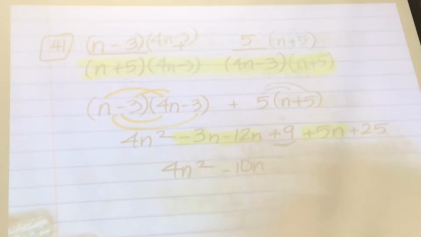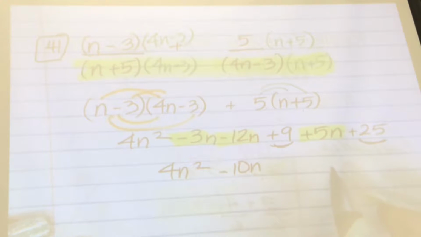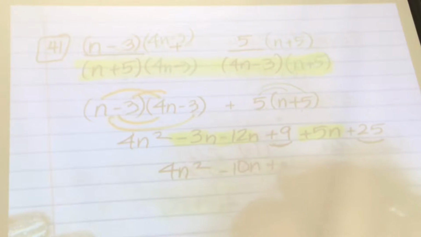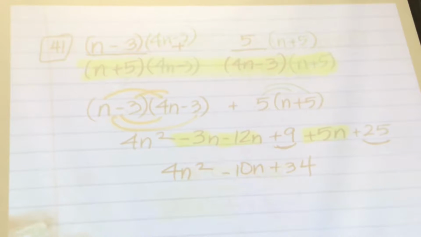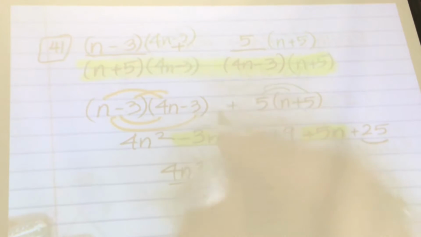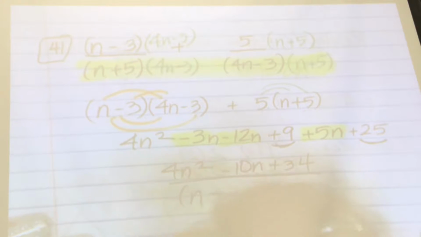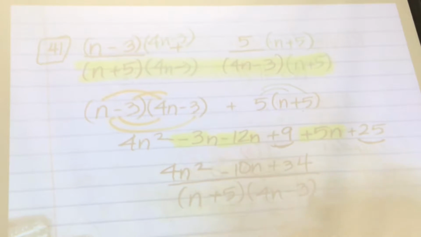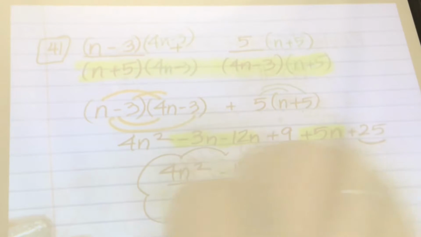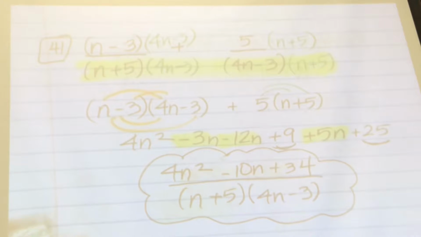Then we have this 9 and 25, which is going to give me plus 34, all over n plus 5 and 4n minus 3. We'll go over simplifying in a second, but I just want to make sure that we can get this hard part done first.